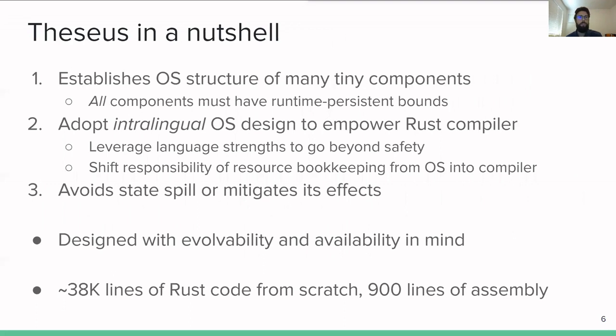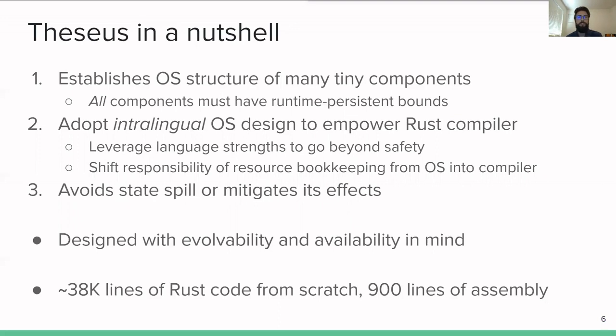The outcome of our experimentation along these lines is Theseus, a new OS that we've written from scratch, entirely in Rust. It makes the following contributions. First, it establishes an OS structure of many tiny components, which must all have clear boundaries that persist into and throughout runtime.